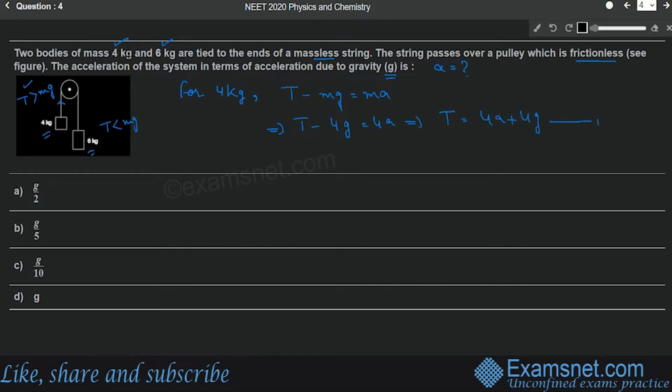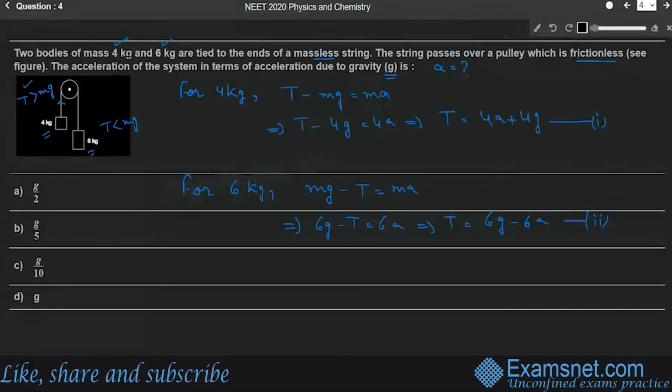Suppose this is equation 1. Similarly, we can write the force balancing equation for the other mass, that means 6 kg mass. Here mg is greater, so mg minus T will be equal to ma. Putting the values, we'll write 6g minus T equals 6a. So tension will be equal to 6g minus 6a. So this is equation 2.